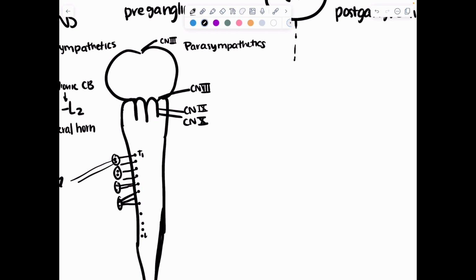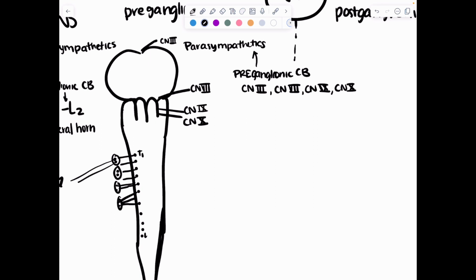So my preganglionic cell bodies for the parasympathetics can be found in cranial nerves 3, oculomotor, cranial nerve 7, facial, cranial nerve 9, glossopharyngeal, and cranial nerve 10, vagus.